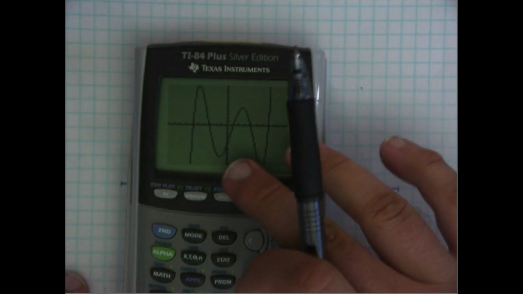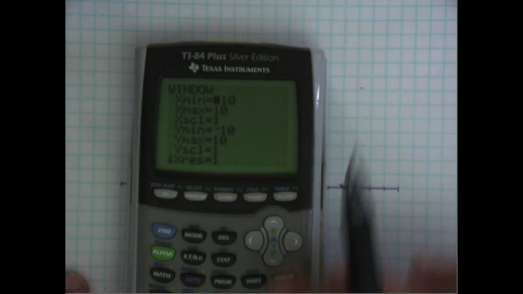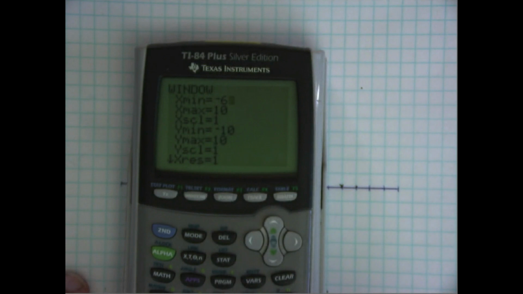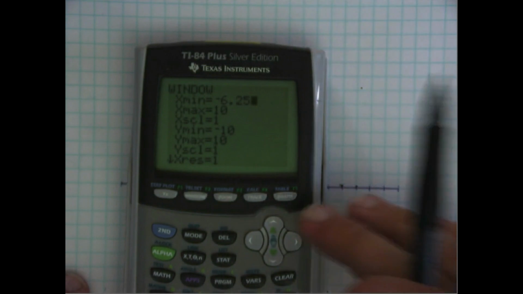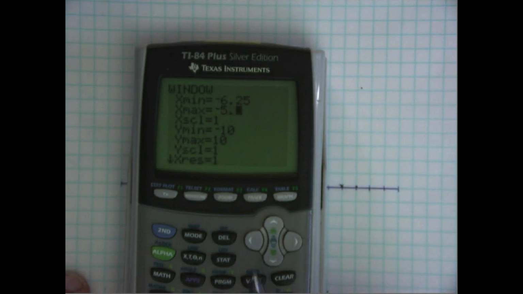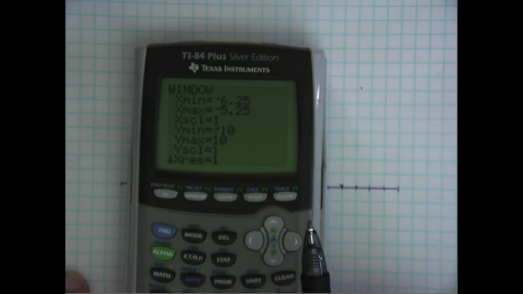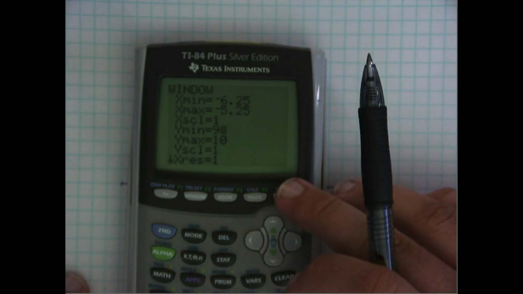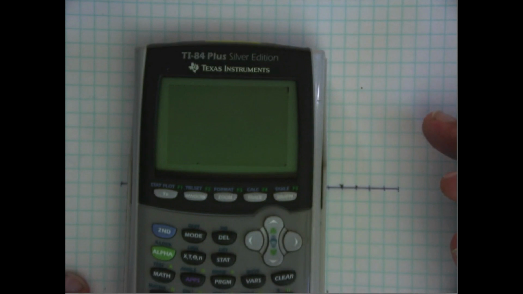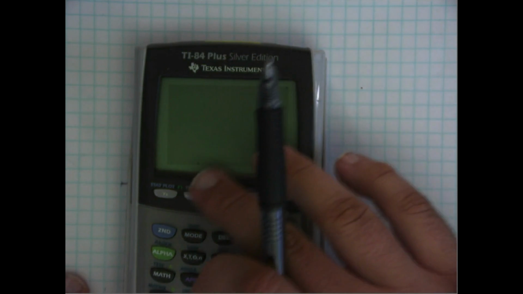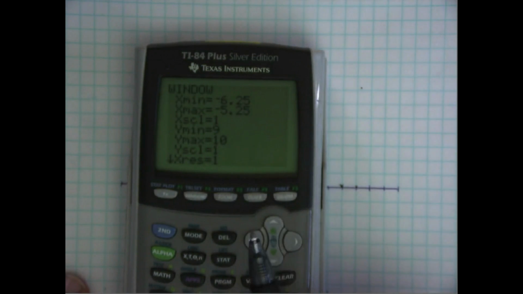If I set my window so that I go from negative 6 1/4 to negative 5.25, and then I set my minimum at 9, I should have a very small box. Oh, I'm outside my window anyway. I'm outside where I wanted to be anyway. So that should be negative 5.25 to negative 4.25.